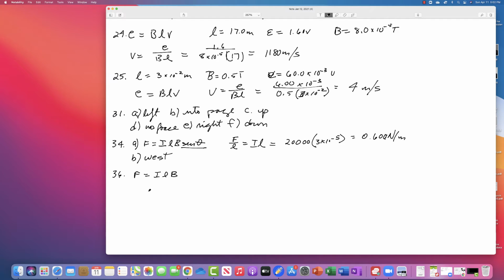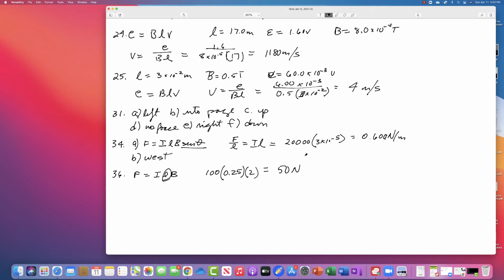It's perpendicular, so you don't have to consider that angle. And in this case, L is going to be the diameter of the pipe. So you've got 100 amps, and the diameter of the pipe is 25 centimeters or 0.25 meters, and it's a 2 Tesla field. So that's going to be 200 times a quarter, or 50 newtons.